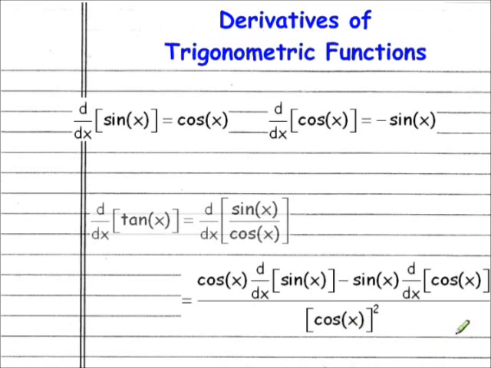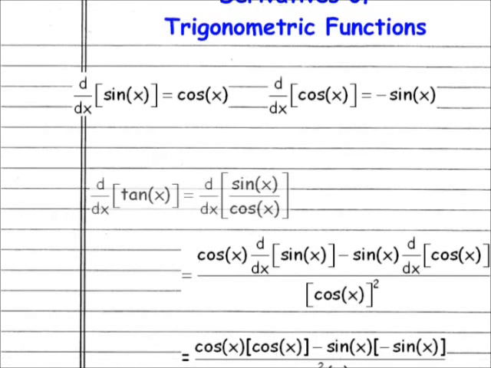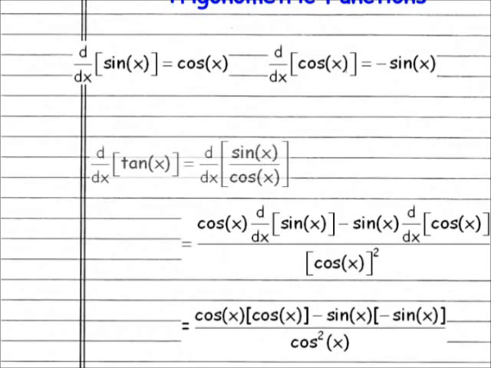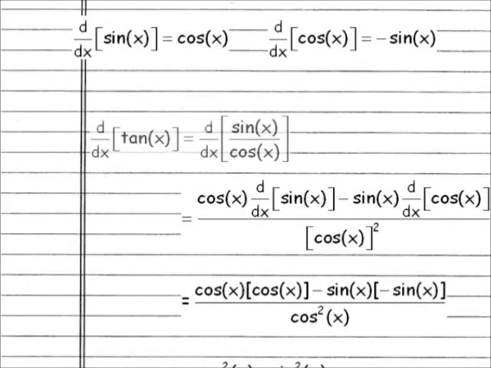In our next step, we see that we've actually filled in the derivative of sine of x being cosine x, and the derivative of cosine x, of course, being negative sine x. Now, we recognize here that we really have cosine x times cosine x, which we write cosine squared x.